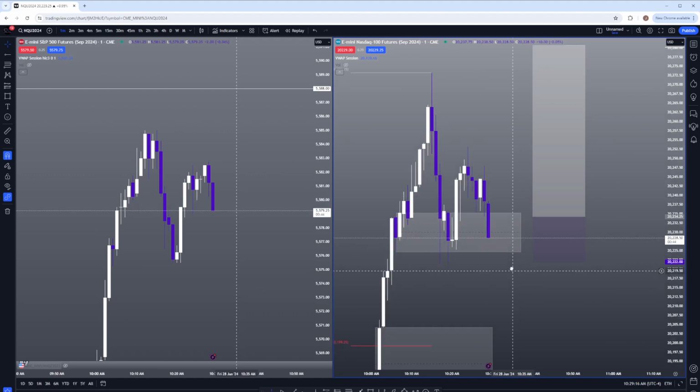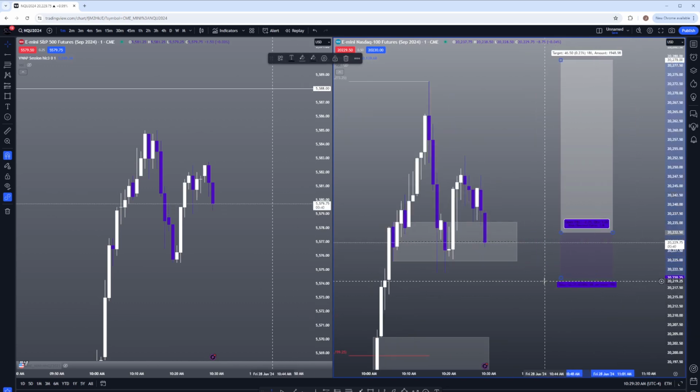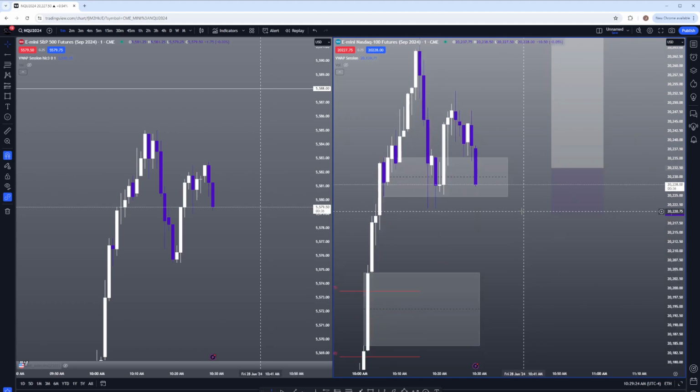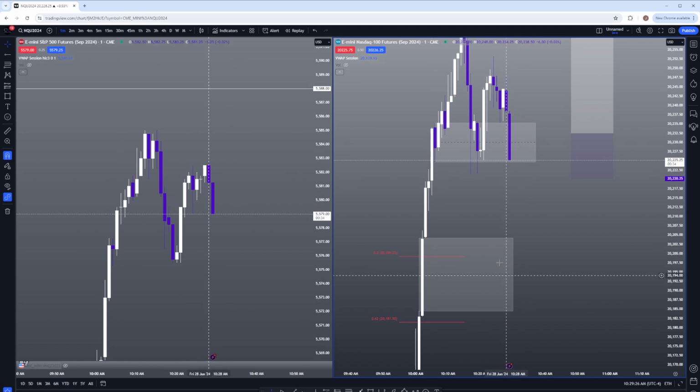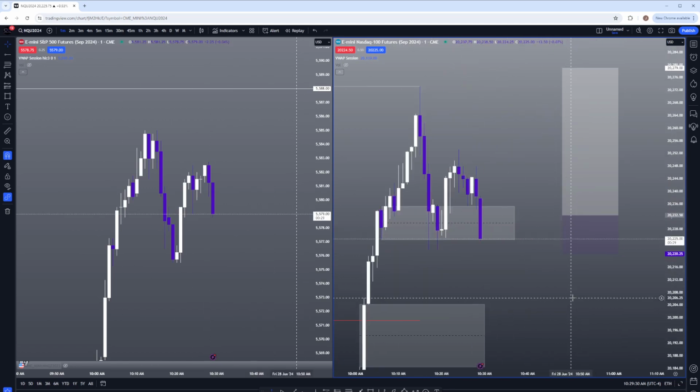I would expect us to try to trade through that right now, but we'll see if we react off of it again. We've tested it a few times. I would expect us to try to head down back into the discount here, which it looks like we're trying to do now.